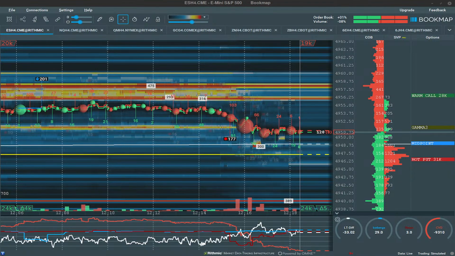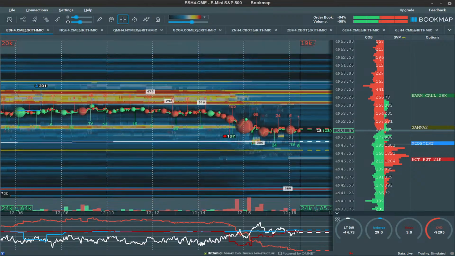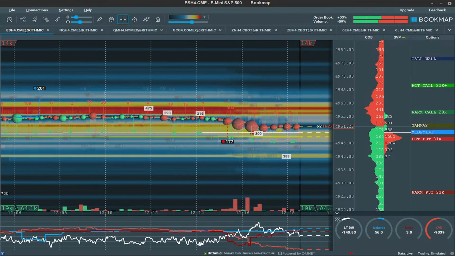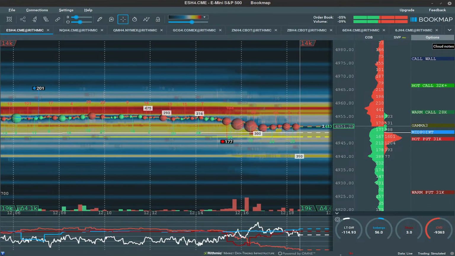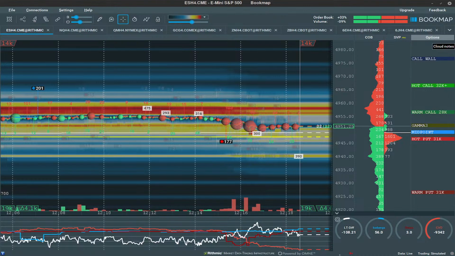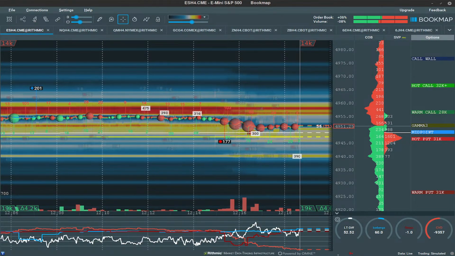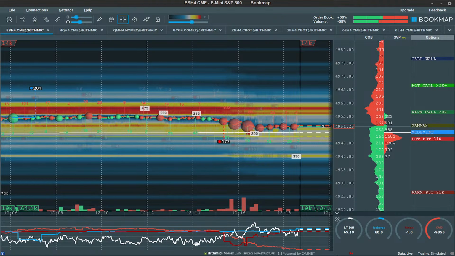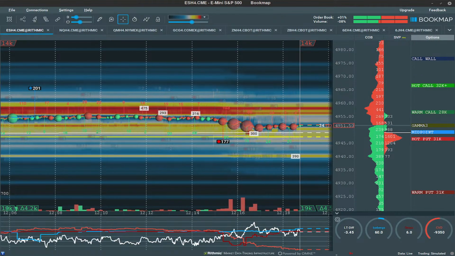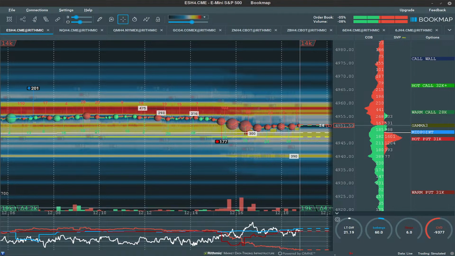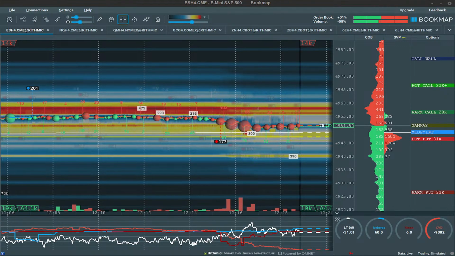And so this is pretty cool because what you're seeing, and I can zoom it out a little bit, on the very right-hand side, this column here is showing the impact of positioning and flows, where they are on S&P futures. So if you didn't know, the S&P 500 options market is the most important options market in the world.